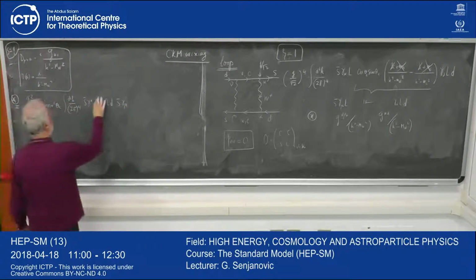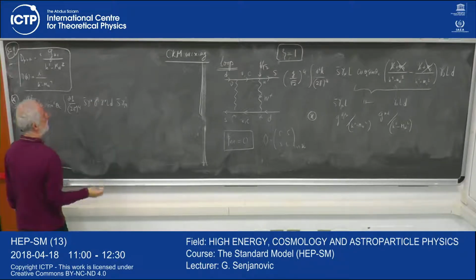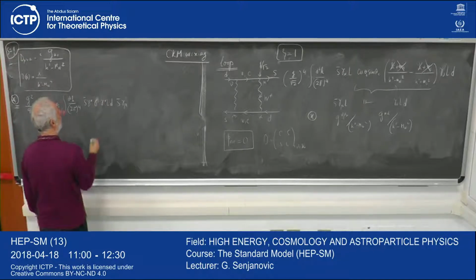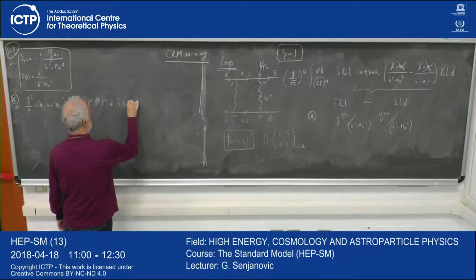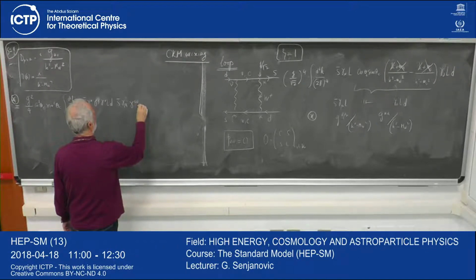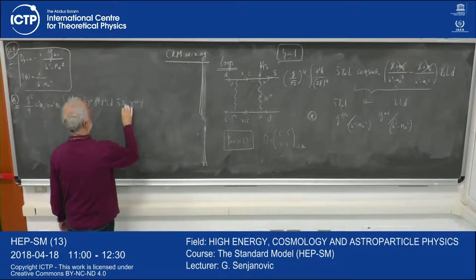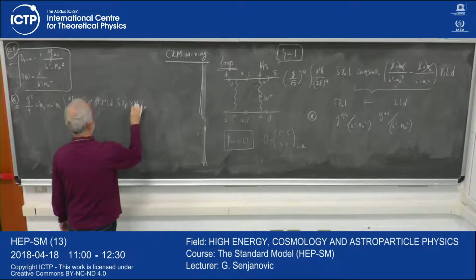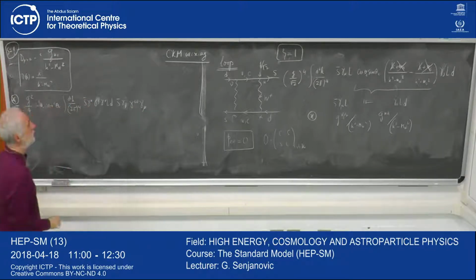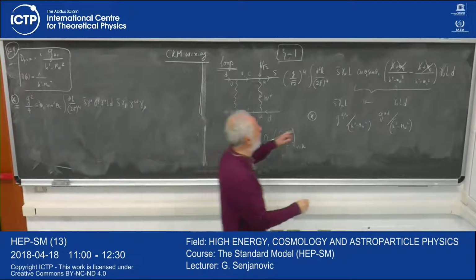Not k alpha, I already have alpha. So gamma rho, gamma beta, gamma nu here, gamma mu. Are you following me?